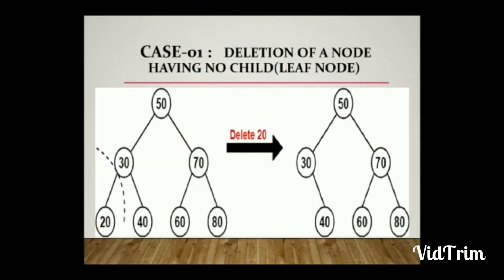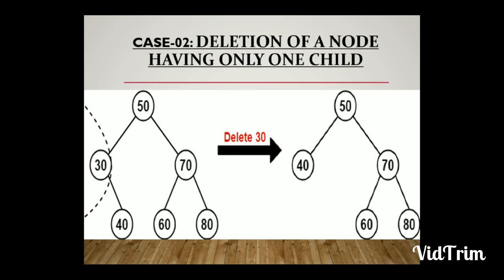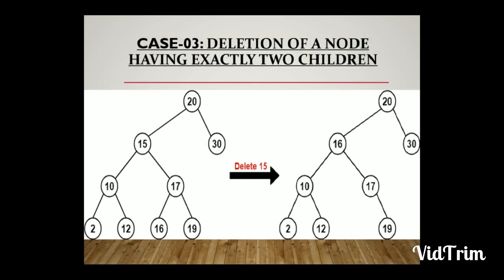In this case, if we delete 20, which does not have any child, it is deleted simply. Second, if we delete the element 30, which has only one child, it is replaced by its child. Third is the deletion of a node having exactly two children, in which we have to further check whether the tree is balanced or not.